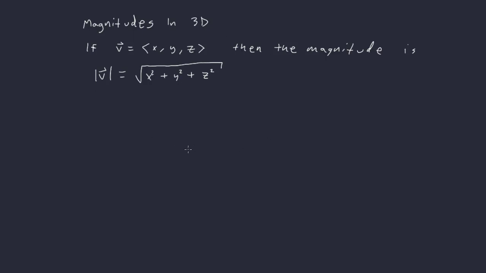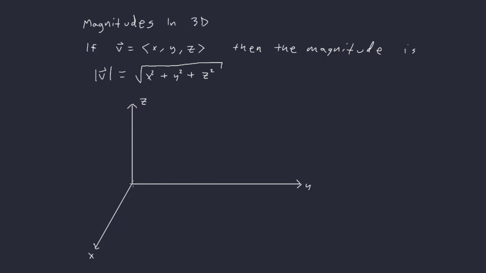Okay, well, why would that be? Why is it the exact same formula? Shouldn't it be a little more complicated than that? It turns out, no, not at all. All right, so let's suppose we have a vector on the x, y, z axes here.